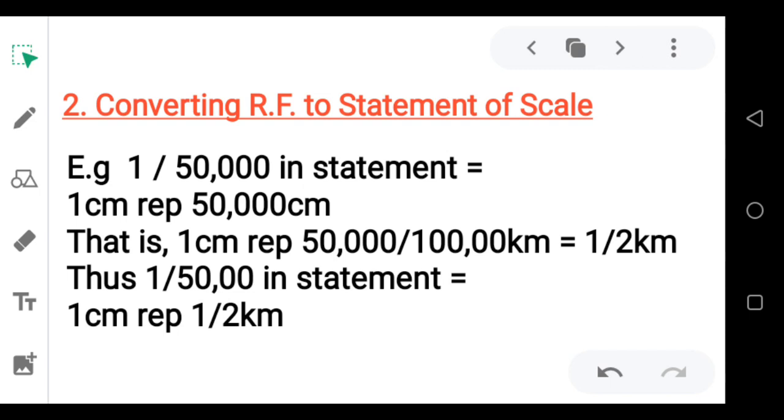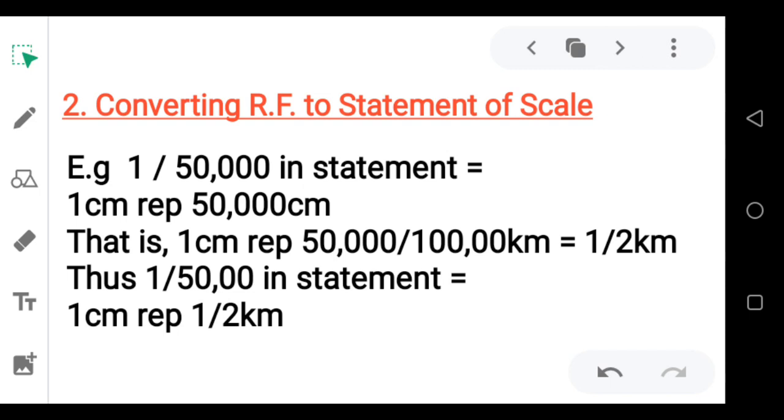1 over 50,000 is the same thing as saying 1 centimeter represents 50,000 centimeters. That is, 1 centimeter represents 50,000 over 100,000 kilometers, which is equal to half kilometer. Do you understand that? I hope you have not forgotten our formula: 100,000 centimeter equal 1 kilometer. So if you have 50,000 centimeter, it's same thing as half kilometer.